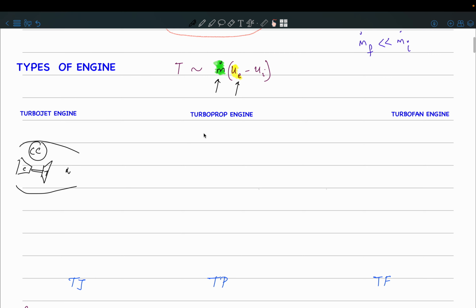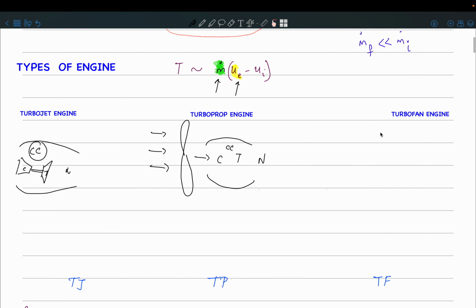So what a turboprop engine will do, it has the same structure. There is a compressor, combustion chamber, then a turbine, and you have the nozzle here. But it also has a huge propeller in the front. So what this will do is it will take a lot of air inside. It will extract a lot of air and will throw it into the combustor. So then it is increasing m dot, and by increasing m dot it will increase the thrust.